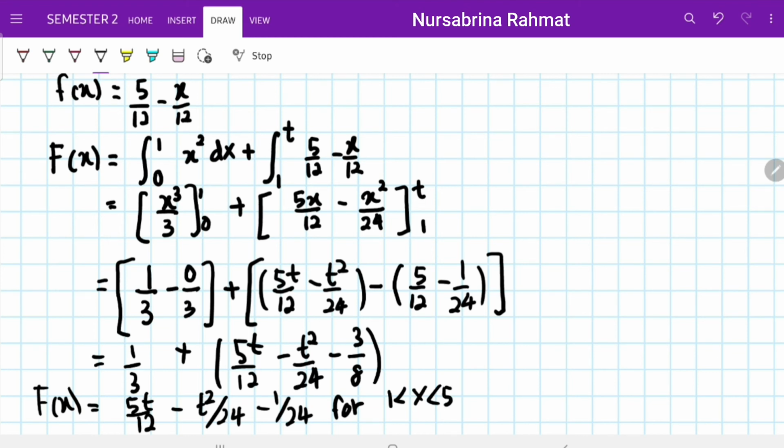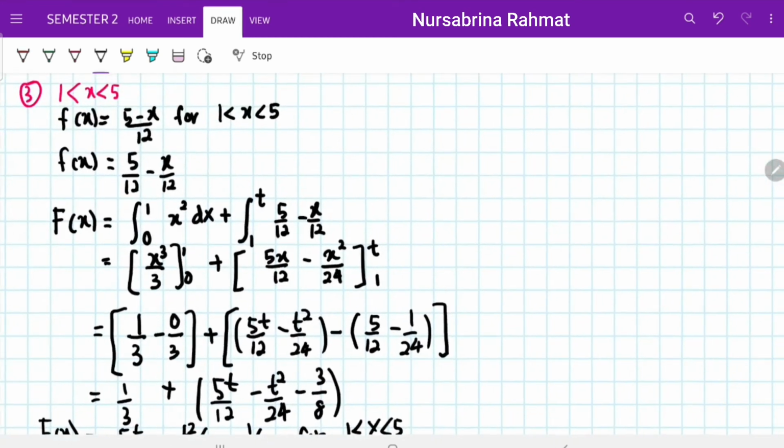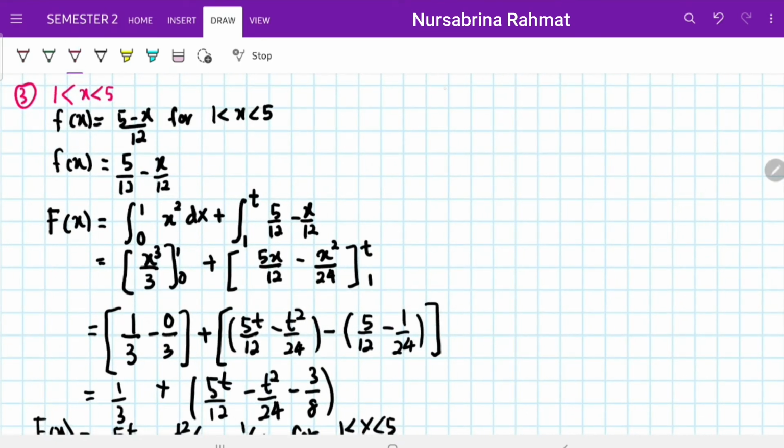Lastly, we're going to find the fourth class interval, which is when x is greater than 5. When x is greater than 5, we already covered three cumulative distribution functions: from x less than 0, from 0 to 1, as well as 1 to 5.